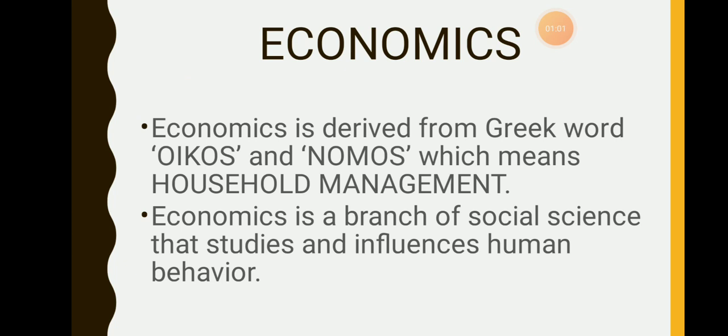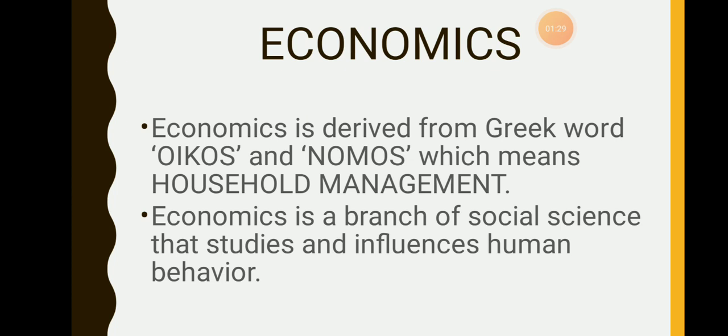You have n number of wants, unlimited wants. So you manage or control whichever want you want to satisfy first. This is known as household management, where you manage all your wants. All the necessary things you do in the economy are what is meant by economics.